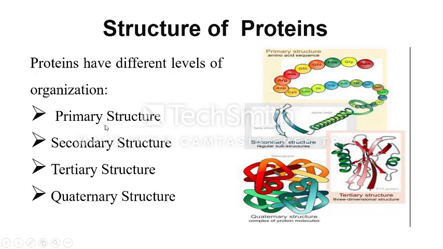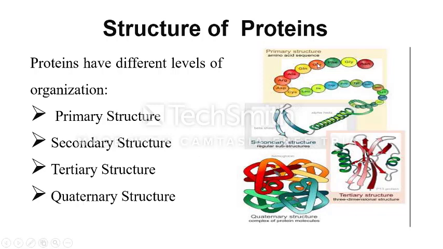The first one is primary structure, the second is secondary, then tertiary, and then quaternary structure. Among these four, primary is the simplest organization level, the next more complex one is secondary, tertiary is more complex as compared to secondary, and the most complex level of organization of protein is quaternary structure.